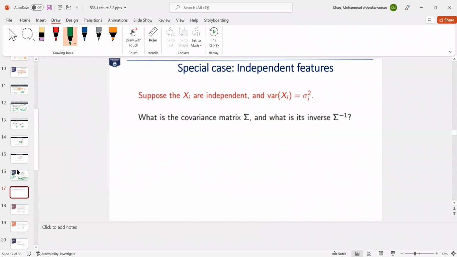Now let's talk about some special cases, because we really want to find out different decision boundaries for Gaussian distributions using generative models.